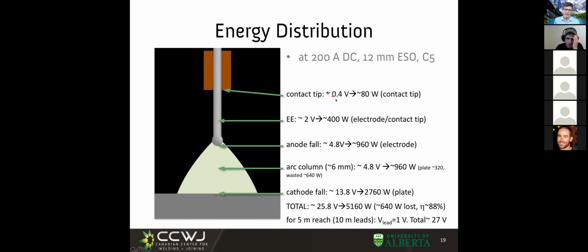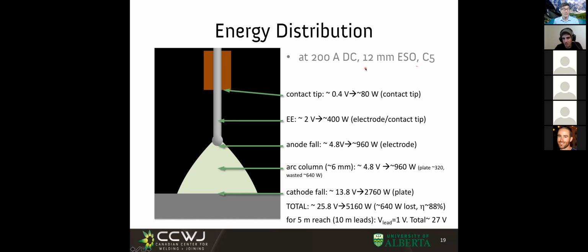We have half a volt at the contact tip alone, and it's more or less 80 watts. 80 watts is not so little. If you ever had a 75 watt old-school filament lamp, you don't want to touch it. It burns all right. It's a lot of power. Then we have the electric stick out, in which, if you see here, I didn't give you a wire diameter.